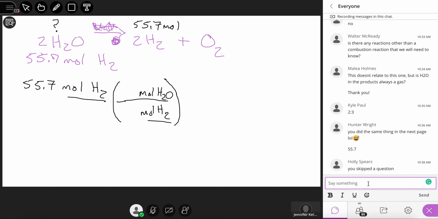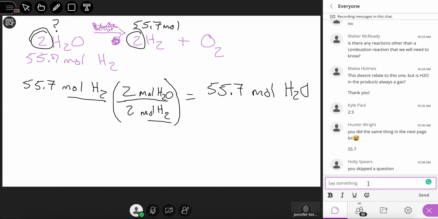In this case, there are 2 water, and I'm getting that from this number, and 2 hydrogen, and that comes from that number. All right, so it's a 2-to-2 ratio or a 1-to-1 ratio, so it's going to be the same number. It would not be the same number of oxygen. It would actually be a 2-to-1, so it would be half as many oxygen molecules.